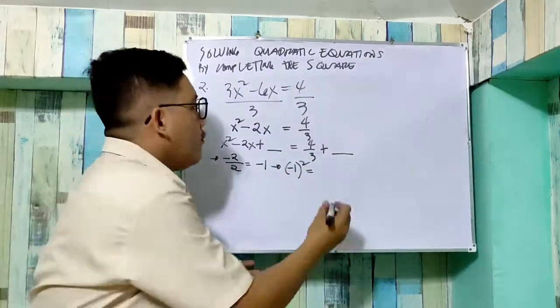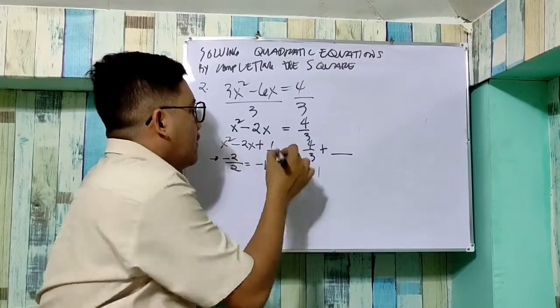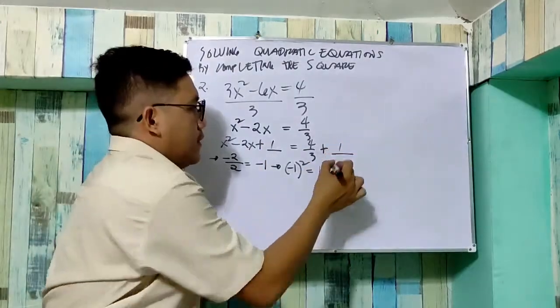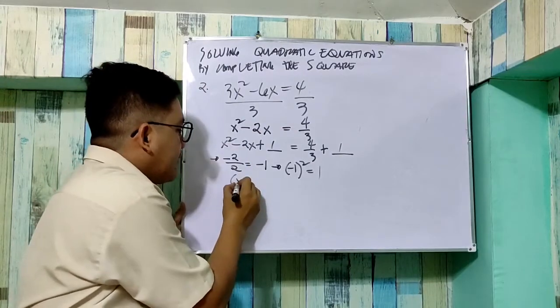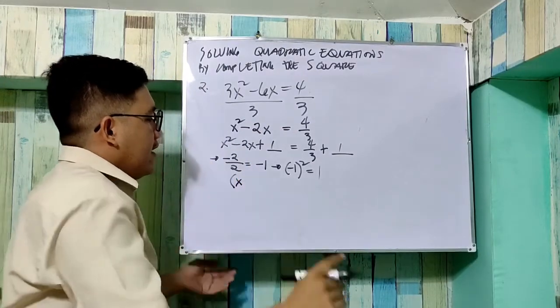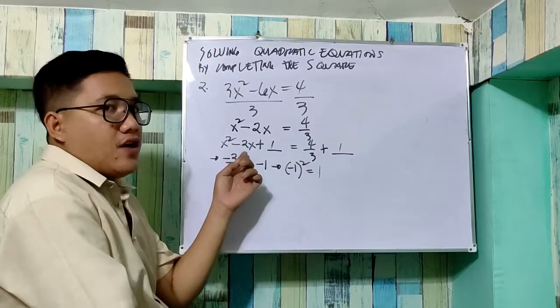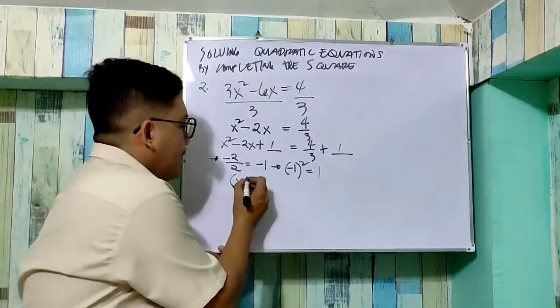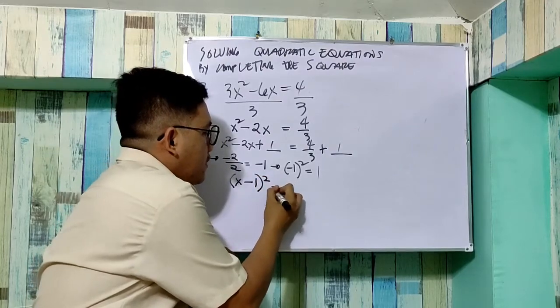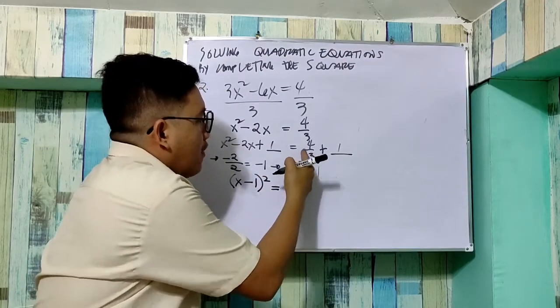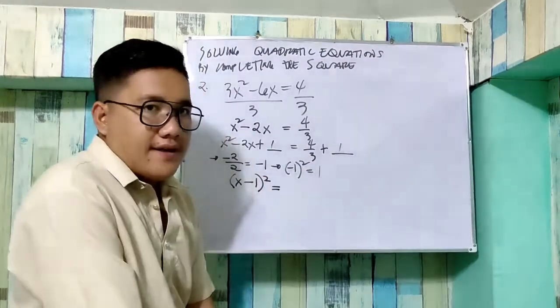Negative 1 times negative 1, that is 1. Factor. Copy x. What is the half of the coefficient? That is negative 1. So, let's just put it there. Negative 1 raised to 2 is equal to 4 over 3 plus 1.